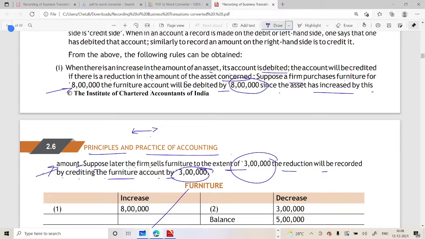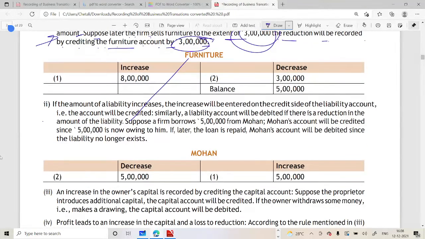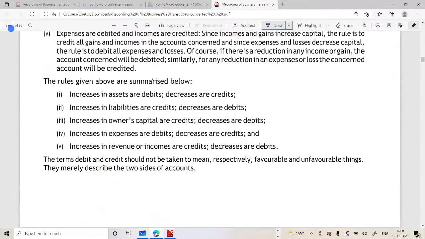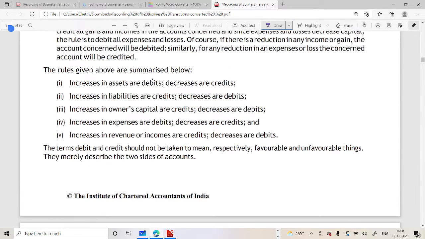Then suppose later the firm sells furniture to the extent of 3 lakh, the reduction will be recorded by crediting the furniture account by 3 lakh. As I said, you purchase something, sell something, we keep calculating the difference of both. If it increases, it's the debit side, then credit if you sell, purchase, and then a balance that you will have, right? Read this.